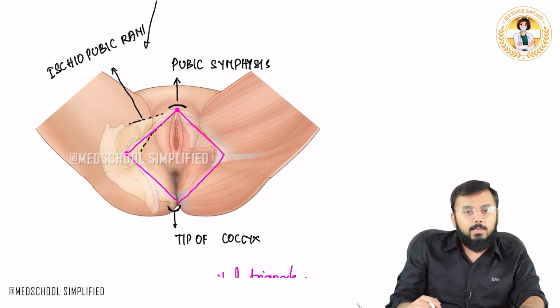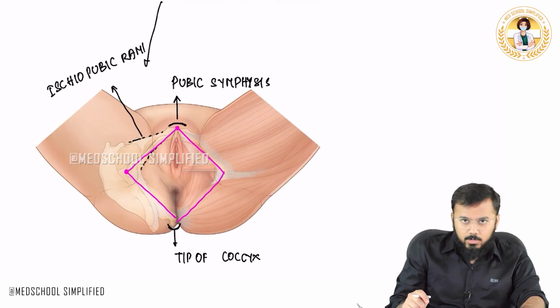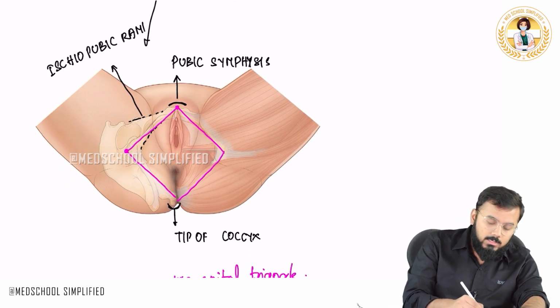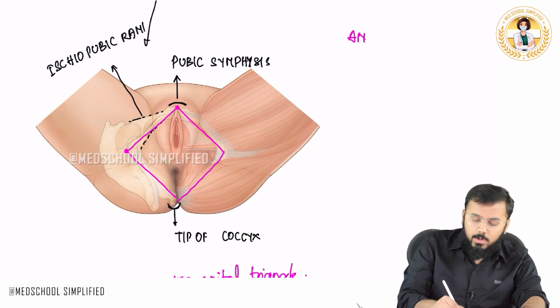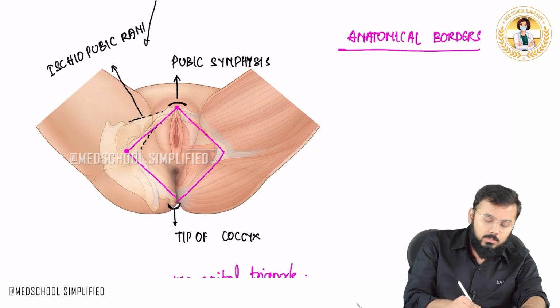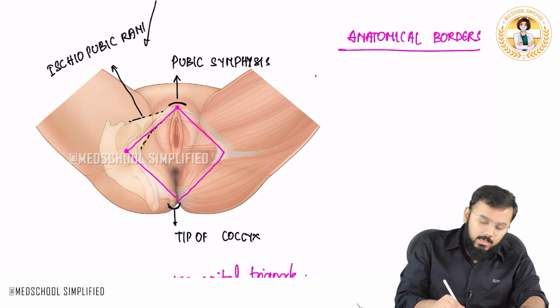Now what did I tell you? The perineum consists of two different kinds of borders: the anatomical borders and the surface borders. Whatever borders I have just written are called the anatomical borders. For example, what is the anterior border?